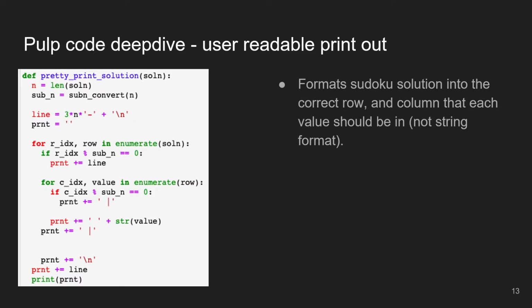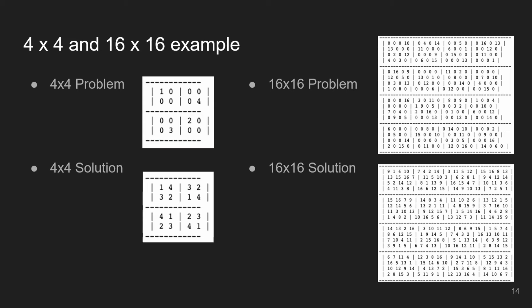And if they're not equivalent, or we want to see what the output is, we also have a pretty print solution function, which takes these expected solutions and our provided solutions and prints them out to the screen so users can see them. What you see here, for instance, is a 4x4 problem and a 4x4 solution.